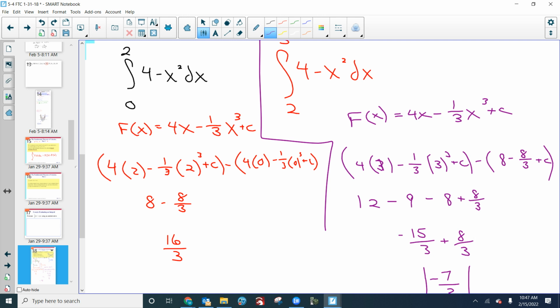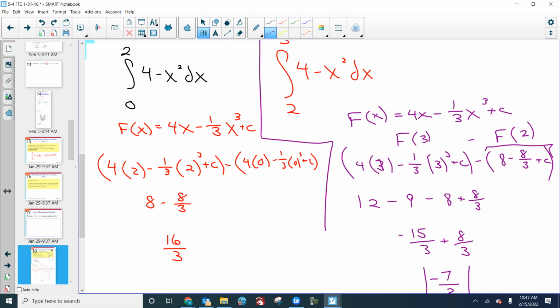You did 8 minus 8/3 plus C. Why is it the whole thing and not just part of it when it's not using 2? So this is capital F of 3 minus capital F of 2. So this part right here is capital F of 2. Do you agree with that?